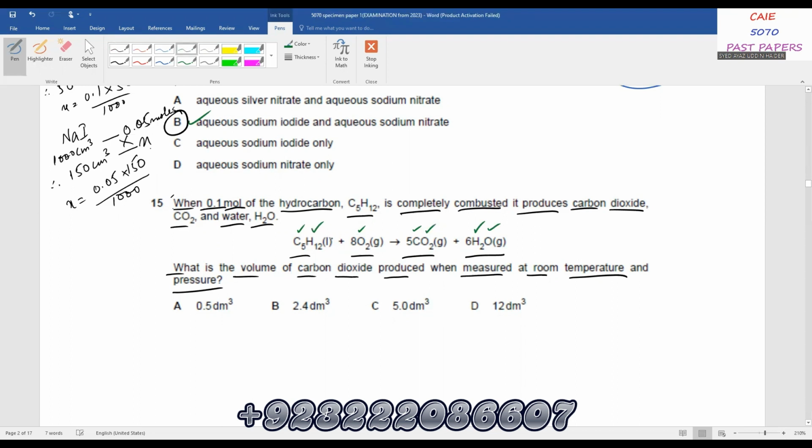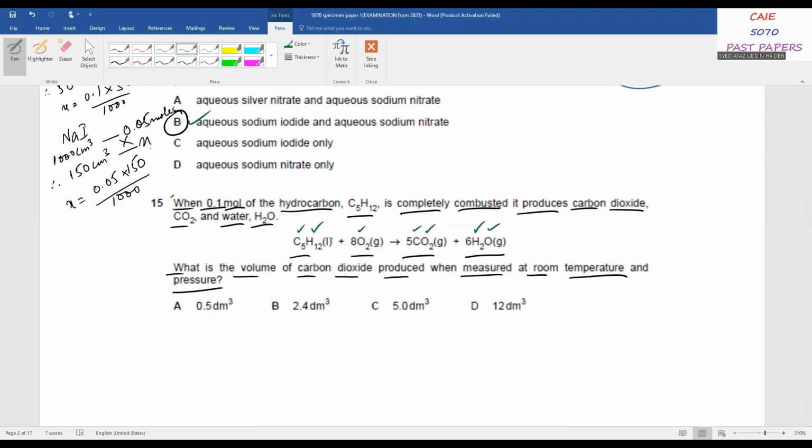Now let's proceed. They are asking what is the volume of carbon dioxide produced when measured at room temperature and pressure. The moles of C5H12 is given. So we'll write: C5H12 gives 5 moles of CO2. So 1 mole produces 5 moles of CO2.